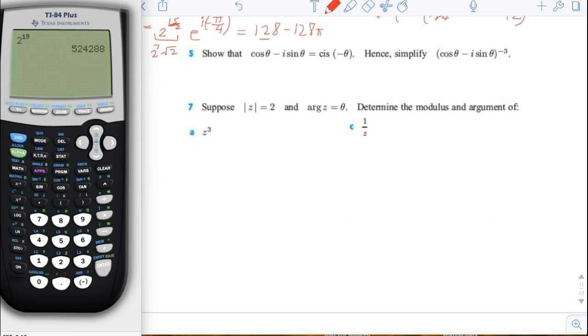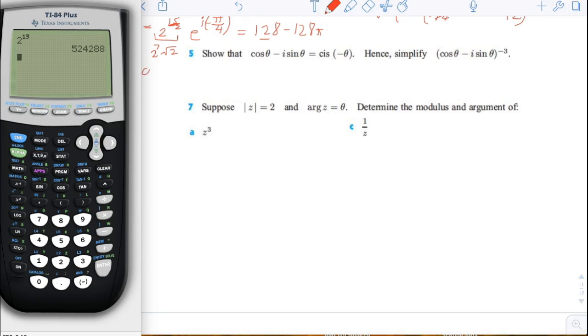Show that cosine theta minus i sine theta equals the cosine of negative theta. Okay, so cosine theta minus i sine theta is the conjugate of cosine theta plus i sine theta. So the conjugate would be the angle that points down instead of points up.